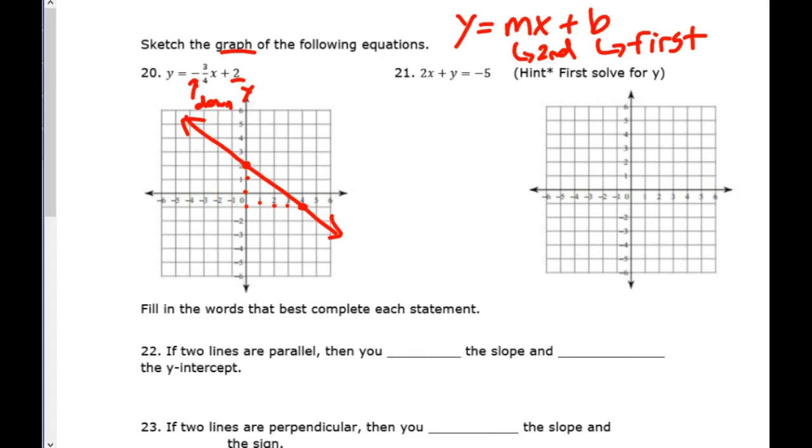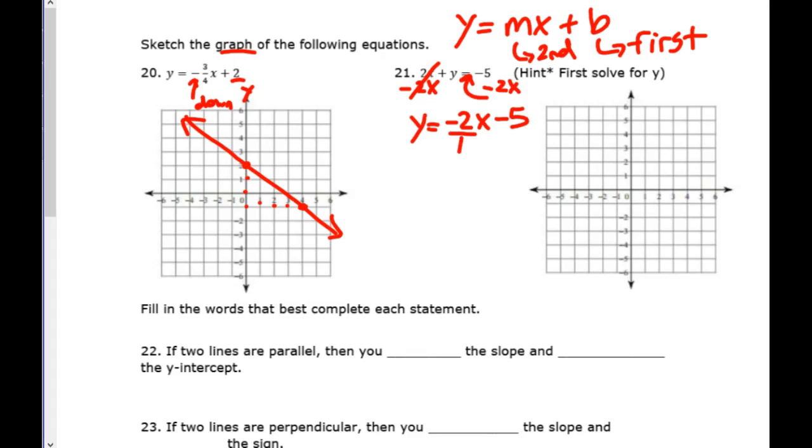Let's solve number 21. Minus 2x, put it in front, cross that out, bring down y equals negative 2x first, and then minus 5 second. And by the way, if your slope is a whole number, you put it over 1.